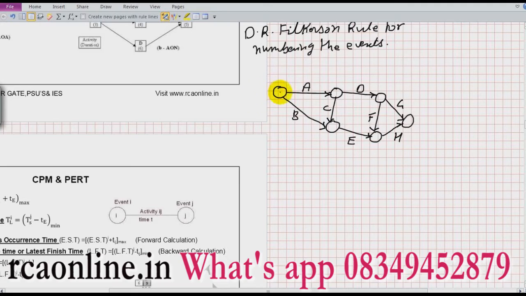Okay, so no arrow coming, so this is 1. Okay, now remove all the arrows from the event which you have already numbered. So remove this arrow and remove this arrow. Is it okay? Clear? So I have given it 1. Now I have removing these two. So what is the remaining part?